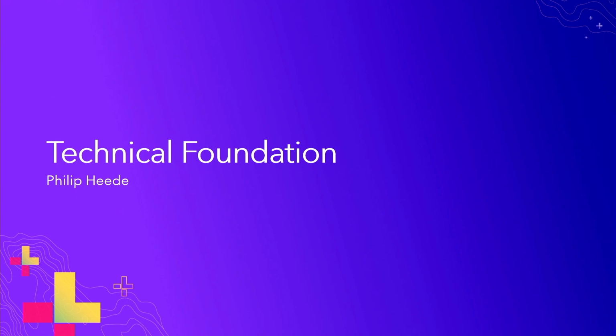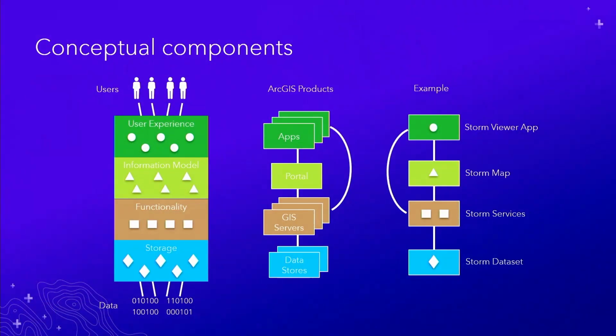Like Whit said at the beginning, we think of things falling into these 4 different tiers. Data at the bottom, the way that data is stored, the storage, the functionality on top, the information model, and finally the user experience or the applications that end users actually make use of to accomplish whatever task they're going for. There's a lot of things that you can do at the data store level as well as the application level in terms of different options.